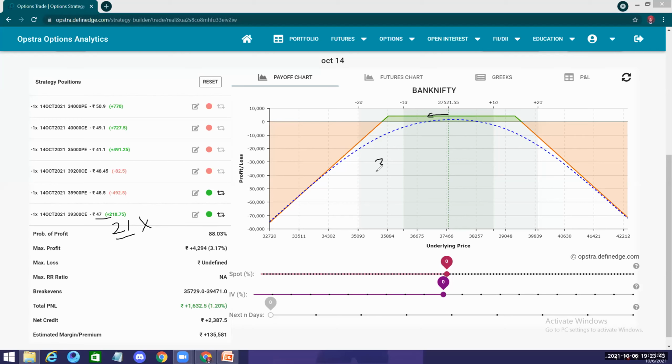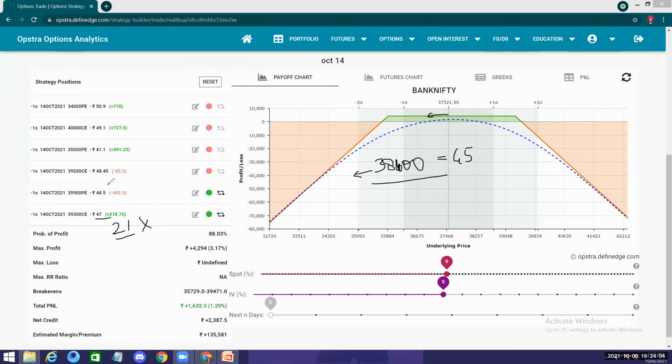I will come in at 38,400. But I will not try to come more than 1,000 points inside. So I will come somewhere around 38,400 or 38,600, which is again trading at 45 rupees.